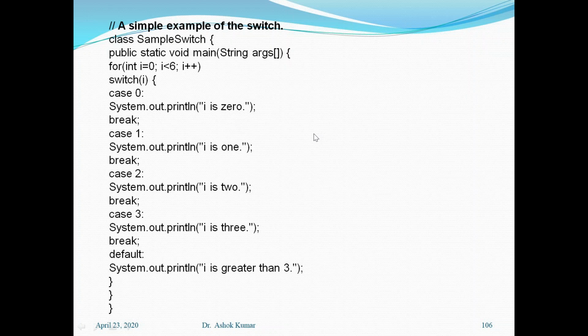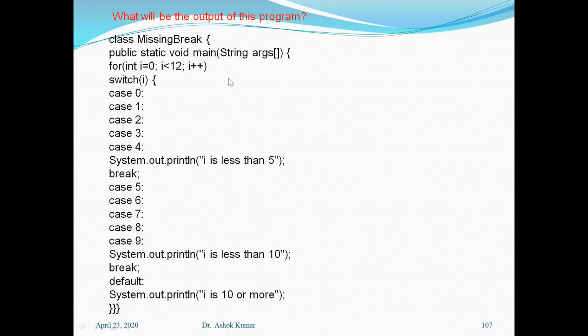In the next problem on the switch, you can merge multiple cases. In this case we have merged 5 cases: 0, 1, 2, 3, and 4, and for all these cases there are certain statements that we want to run.